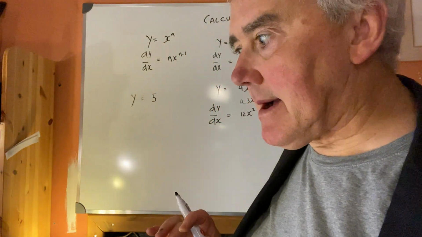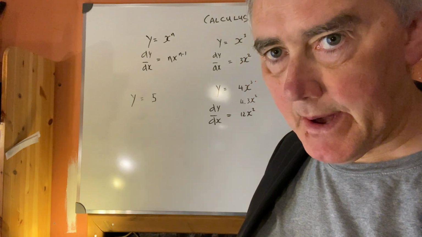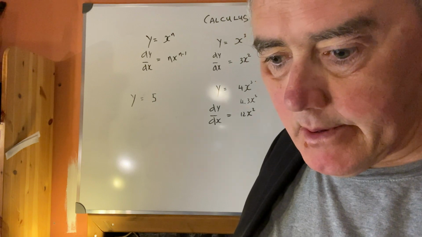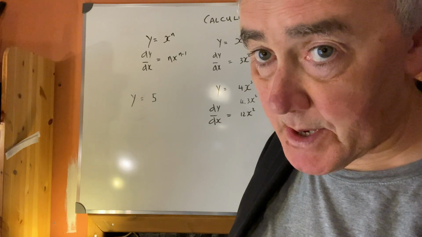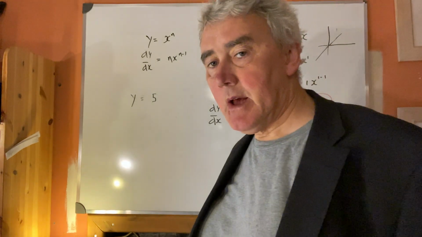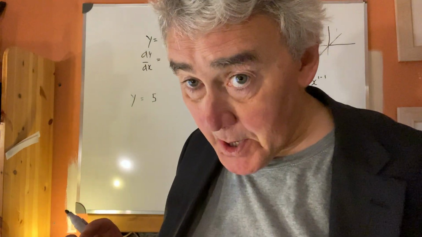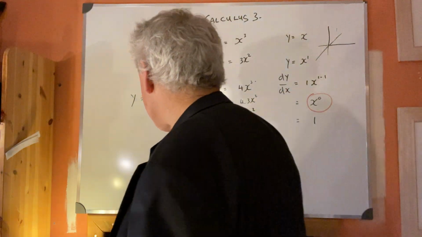And if I differentiate that, can I differentiate it, is a question, or do I need to? Because basically I'm concerned with the slope of it. So let's look at what y equal to 5 is.